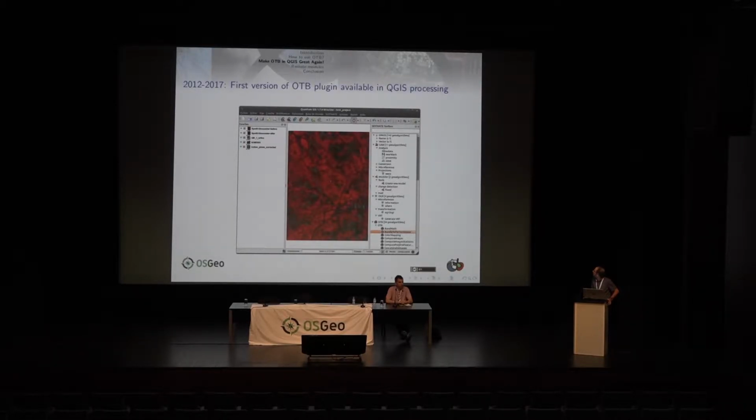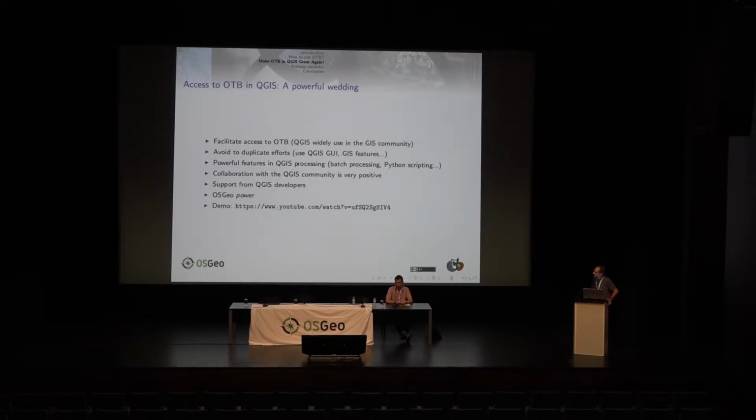We had the first version here. And it's a powerful wedding because it facilitates access to OSGeo Toolbox for the GIS community. And it also avoids duplicating efforts. Like, for instance, in Monteverdi, we will never develop the feature to draw polygons or to select shapes or things like that.